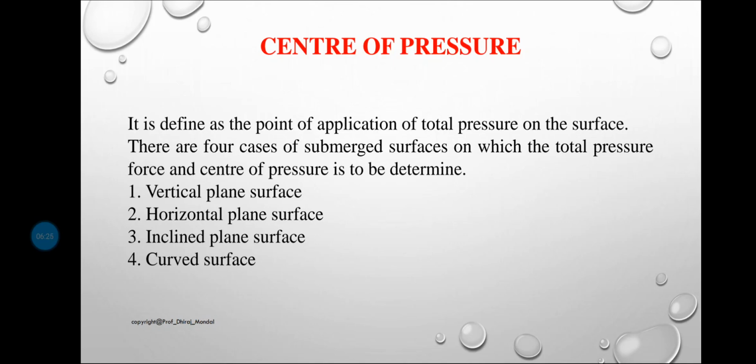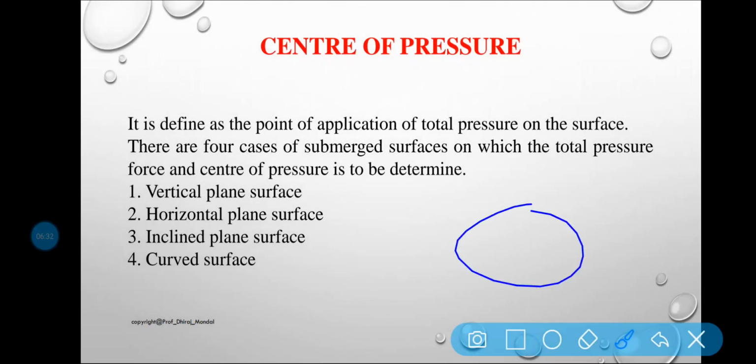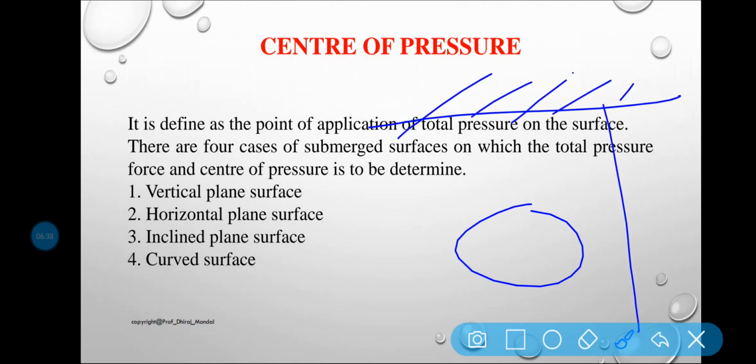What do you mean by center of pressure? So always remember, whenever this is your body and this is your free surface, so if AB is the surface of this body, then always this total pressure force is acting from the center of pressure, normal to the plane.